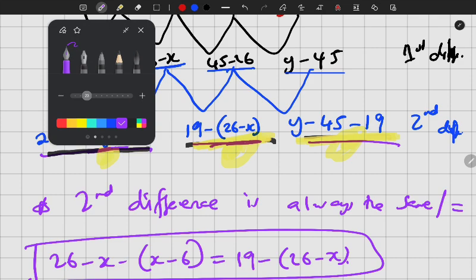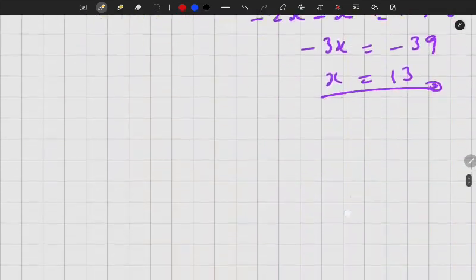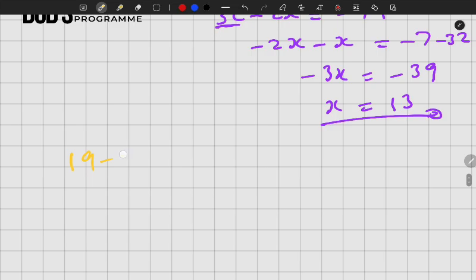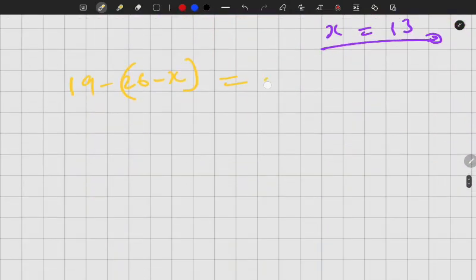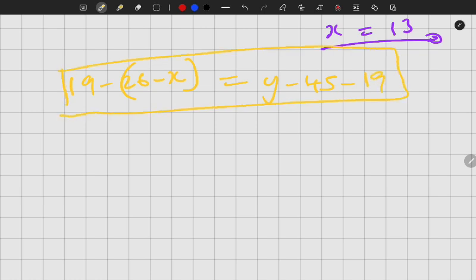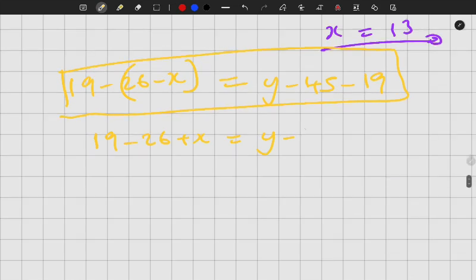Let us do that. So we have 19 minus 26 minus x equals y minus 45 minus 19. We now need to solve. So we'll have 19 minus 26 plus x equals y minus, if we say 45 and 19, we get minus 64.